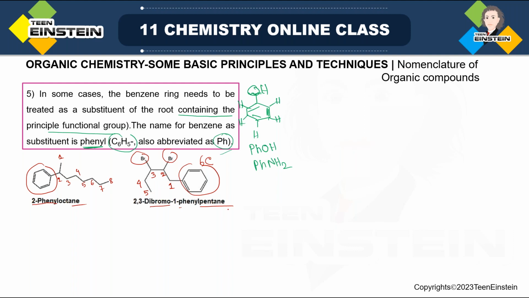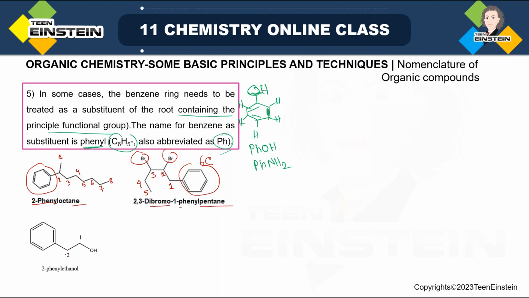It is not simply a long chain. So there may be variation, but mostly if it is a simple chain lesser than 6 carbons, then you can consider it as an aromatic compound. But when it is 6 carbons or 7 carbons, as you can see in these examples, phenyl should be the substituent.